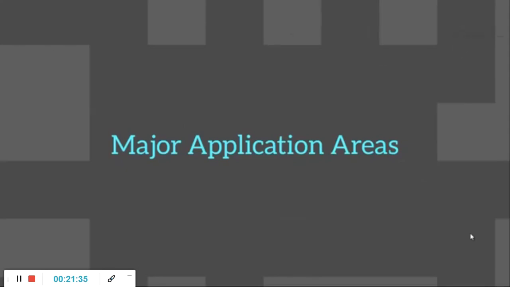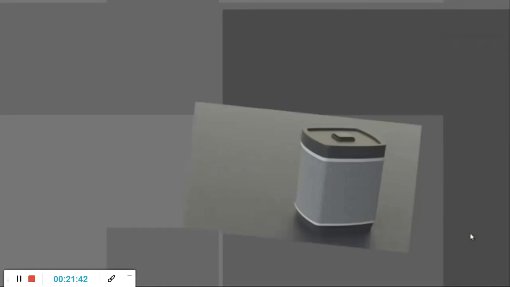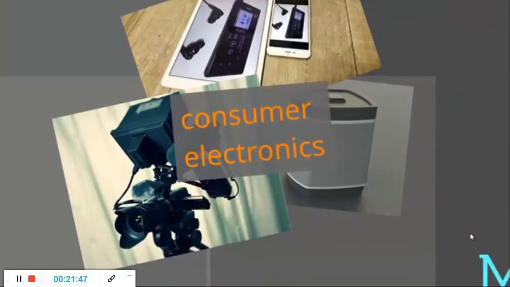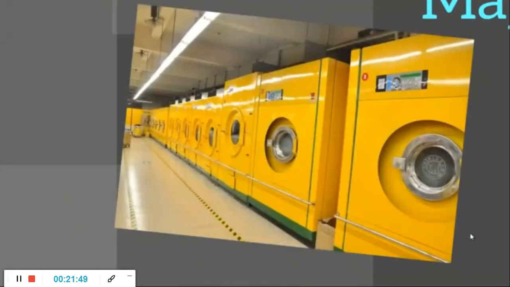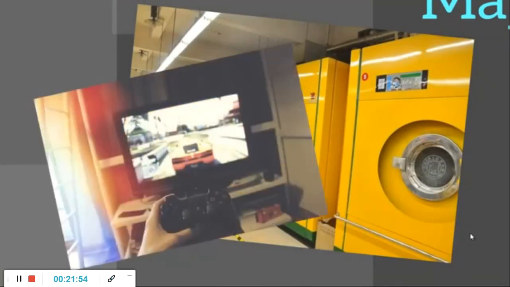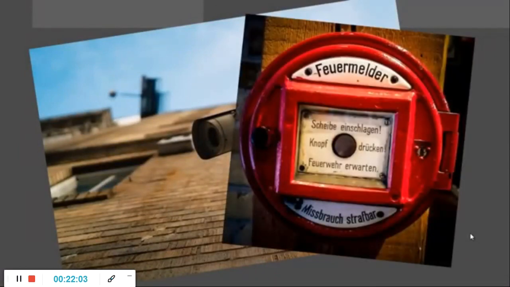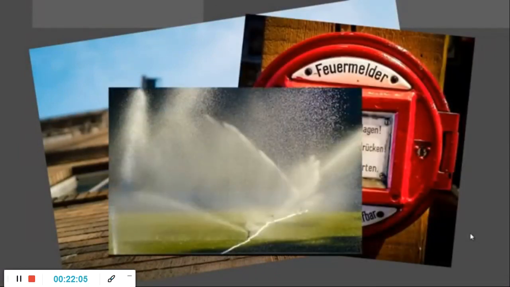We come across many consumer electronic products, right? For example, Bluetooth speaker, iPod, camcorder. In home, household appliances, for example, washing machine, TV, etc. Safety devices, embedded systems like CCTV camera, fire alarm, sprinkler systems.